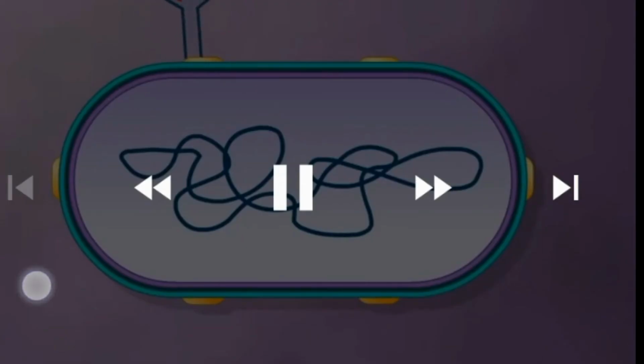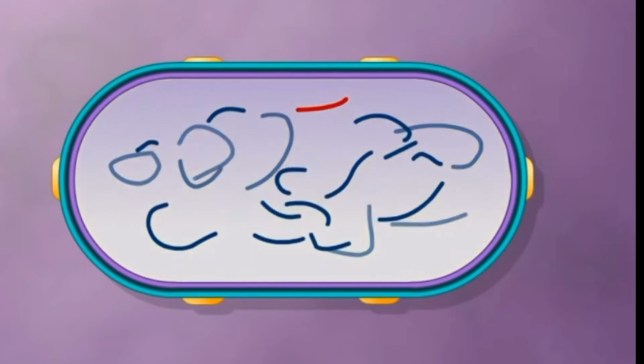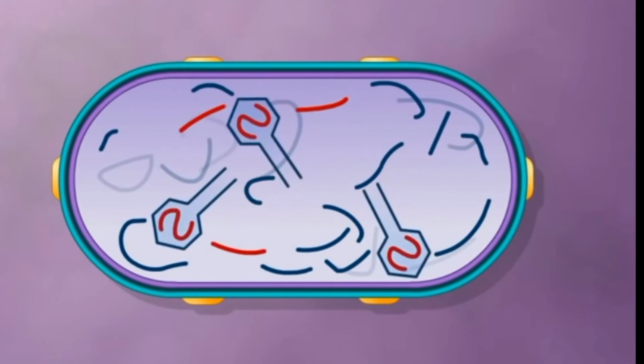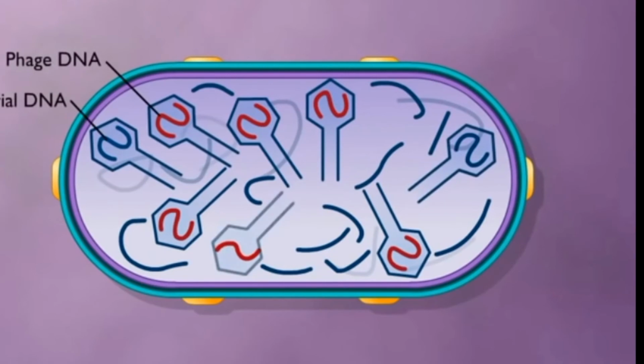So here I will give another animation which you can watch. Here is the bacteria, and the phage injects its DNA. After landing and penetration, the bacteriophage DNA combines with the E. coli bacteria, which is the DNA composition. Look at this.